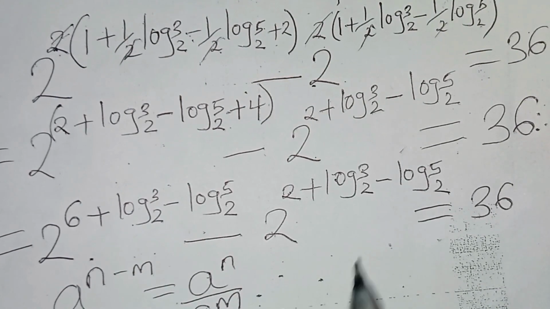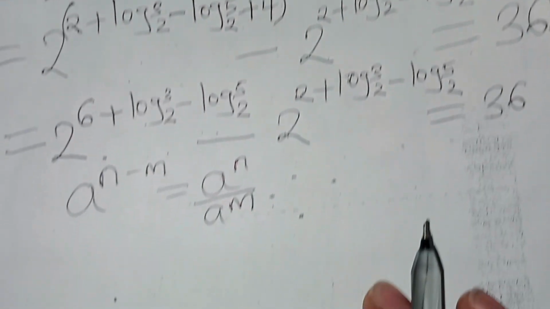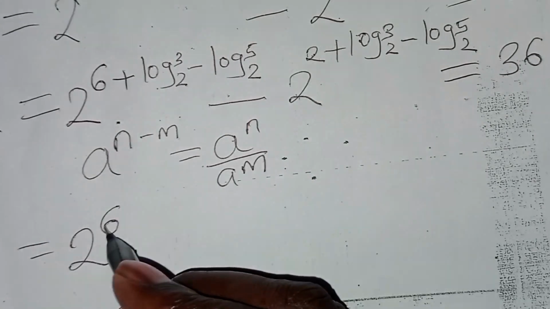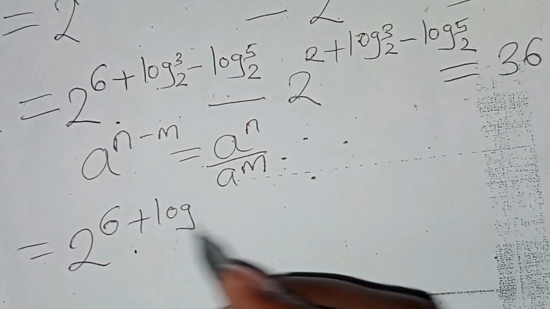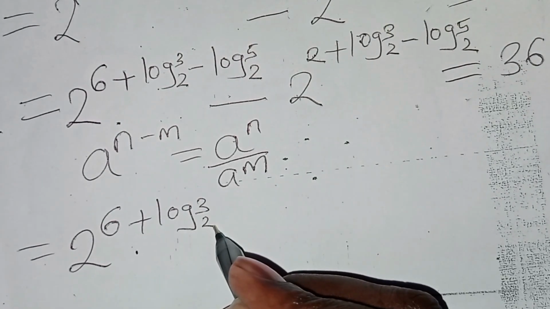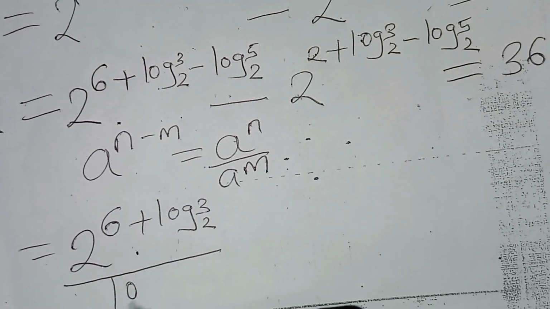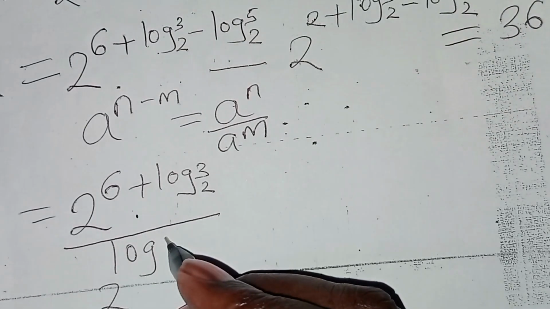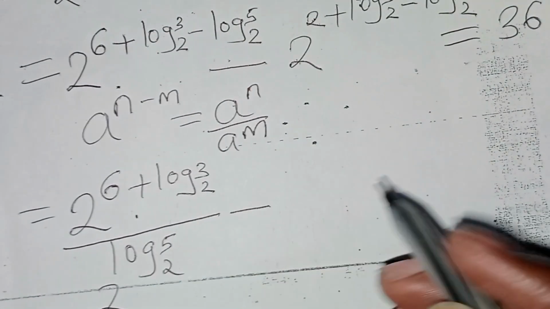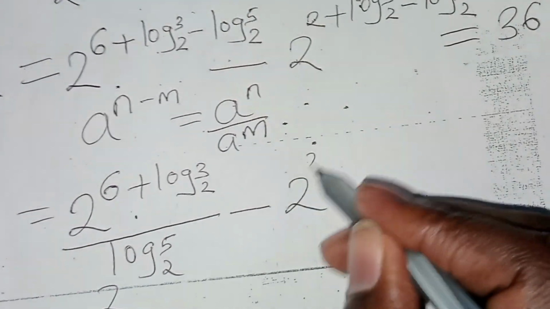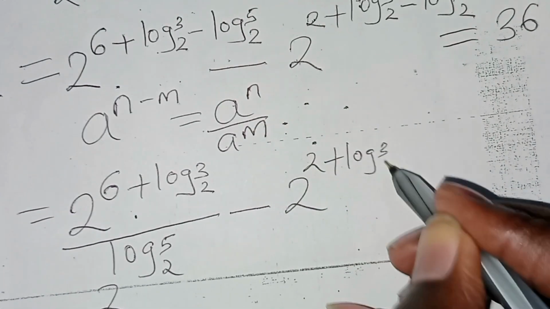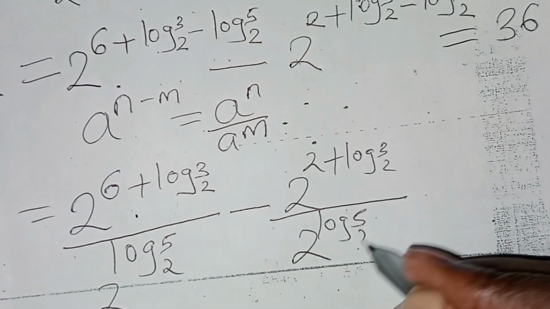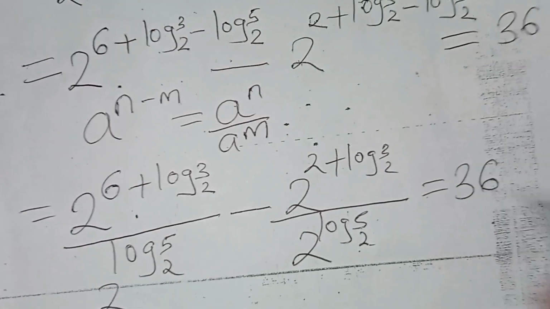So let's apply this exponent property, so that now here we'll have 2 to power 6 plus log 3 to base 2 divided by 2 to power log 5 to base 2. Subtract again, 2 to power 2 plus log 3 to base 2 divided by 2 to power log 5 to base 2. This should give us a value of 36.